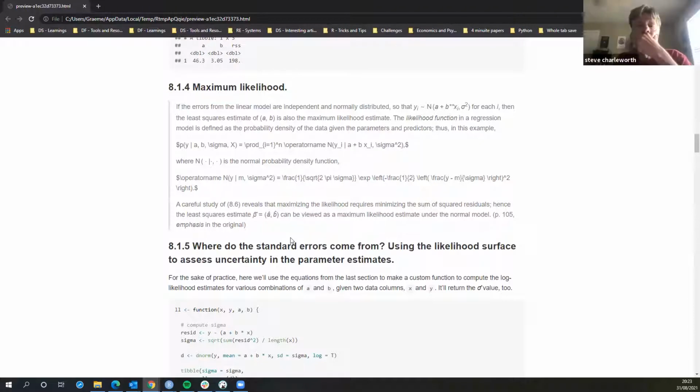So if the errors from a linear model are independent and normally distributed, which we should hope that they are, so that yi is a function of n times a plus b, sigma squared, then least squares is also the maximum likelihood estimate.